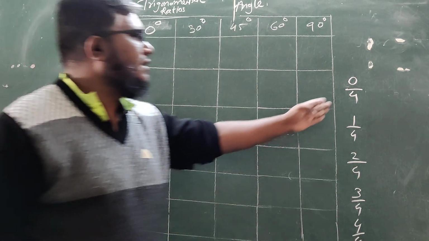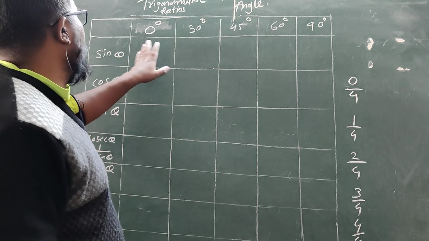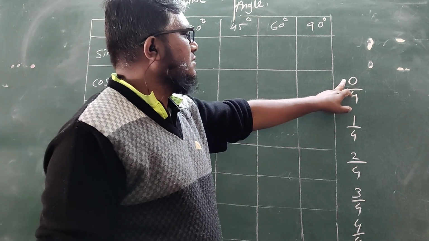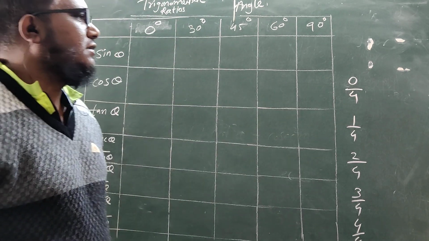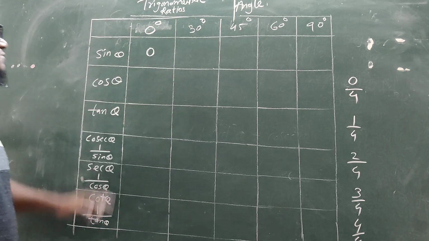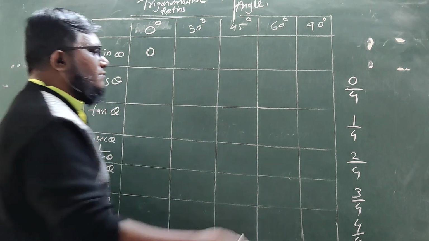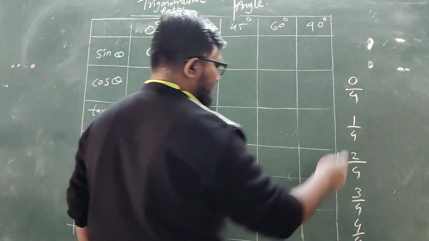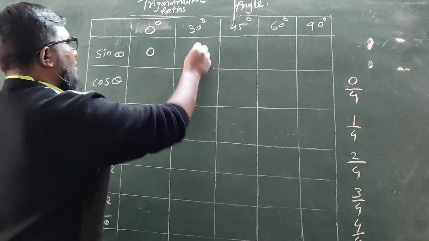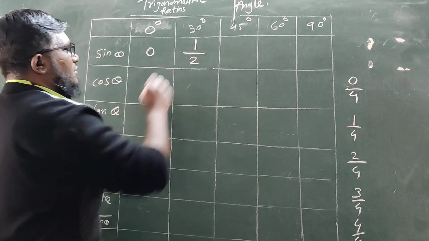By these numbers we can find the values of sine theta. 0 divided by any number is always 0, so the first value of sine theta at 0 degree is 0. Then we'll take the square root of 1 upon 4. The square root of 1 is 1 and 4 is the square of 2, so its square root is 2.